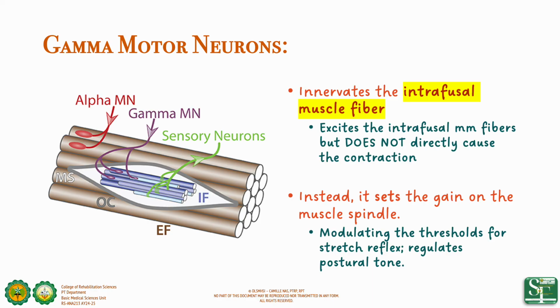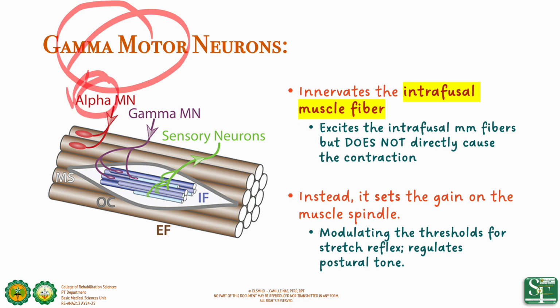Okay. So, it innervates the intrafusal muscle fiber. Nasa gamma motor neuron na tayo. So, aside from alpha motor neuron, we also have a gamma motor neuron. So, si alpha motor neuron, done na tayo. This will produce an excitatory contraction of the muscle. Gamma motor neuron excites the intrafusal.